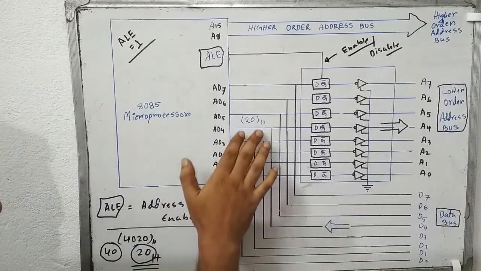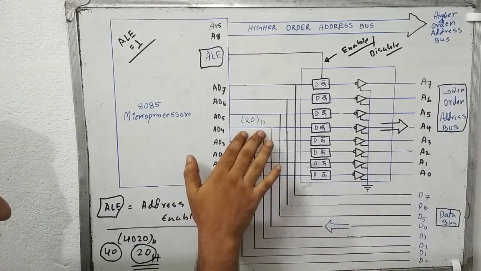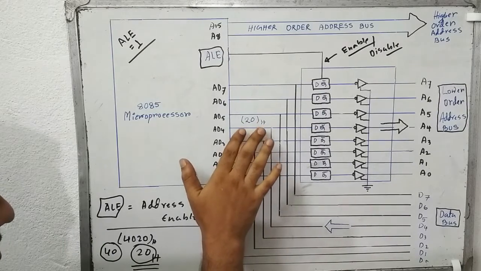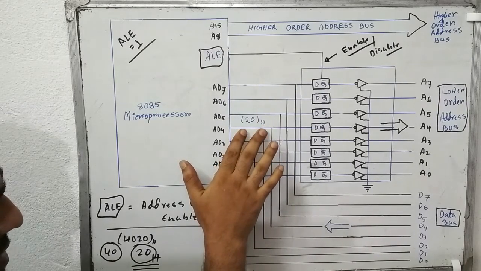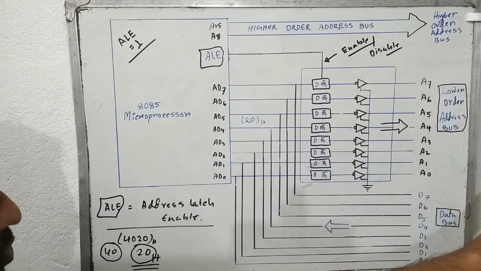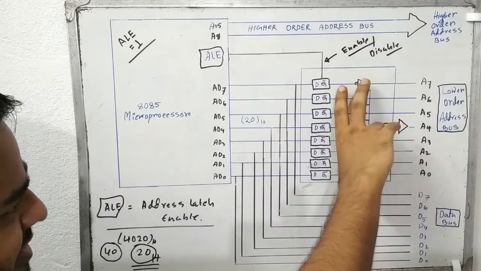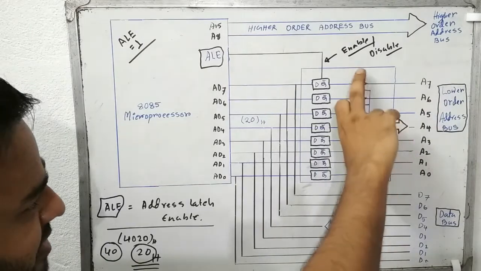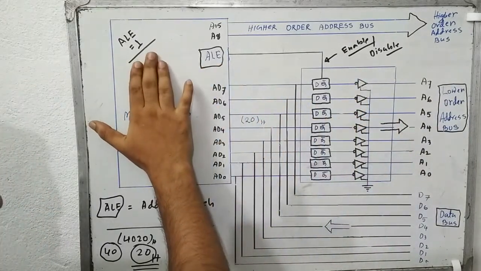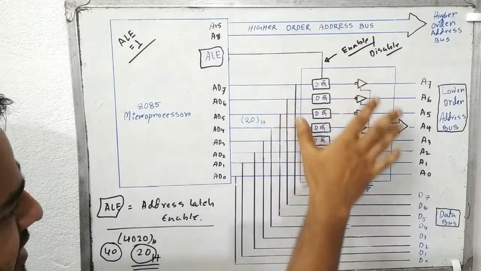So I have put 20 here, and we want to send this lower order address from the microprocessor to the memory through this time multiplex circuit. And we have provided ALE equals 1, that means the circuit is activated.